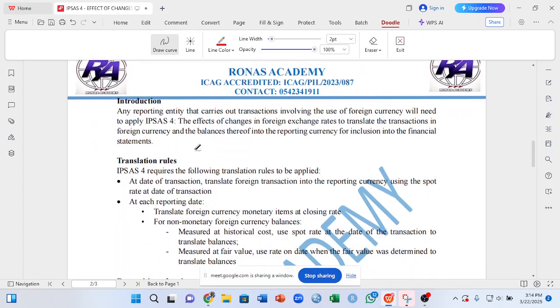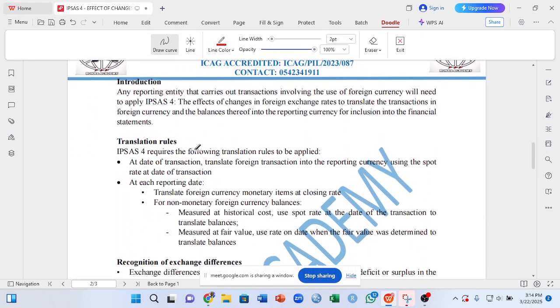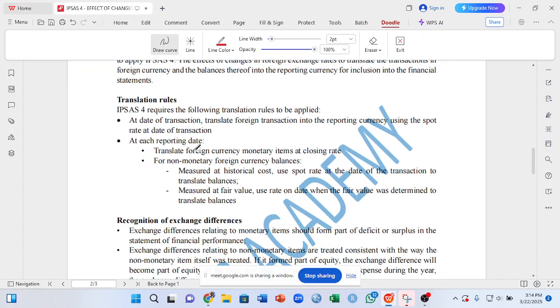Then we move to the computation, certain things we need to know under the computation. Mostly the translation rules and then how we recognize the exchange differences. So what are the translation rules that we need to know in order to solve the practical questions under IPSAS 4?